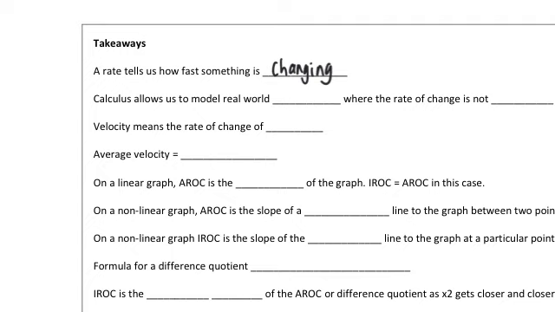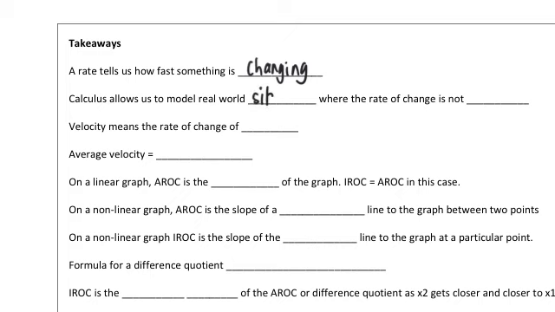Calculus allows us to model real world situations where the rate of change is not constant. The rate of change is not the same. It keeps on changing. Velocity means the rate of change of position. Average velocity is equal to y2 minus y1 over x2 minus x1.